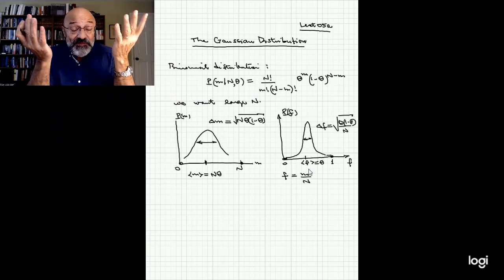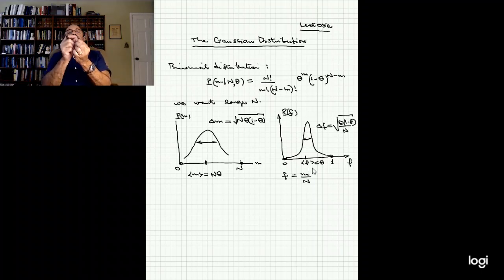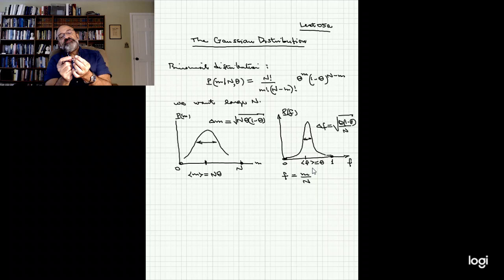We are going to expand about the mean, but you have to be very, very careful. If a little bit of change causes an incredible change in the function, then keeping the first, second terms in the Taylor expansion doesn't work so well. You have to keep many, many terms, and that's not so useful. So how do we proceed?